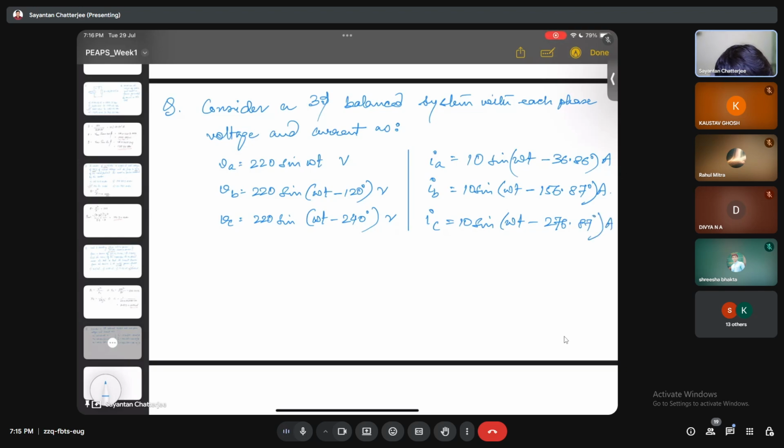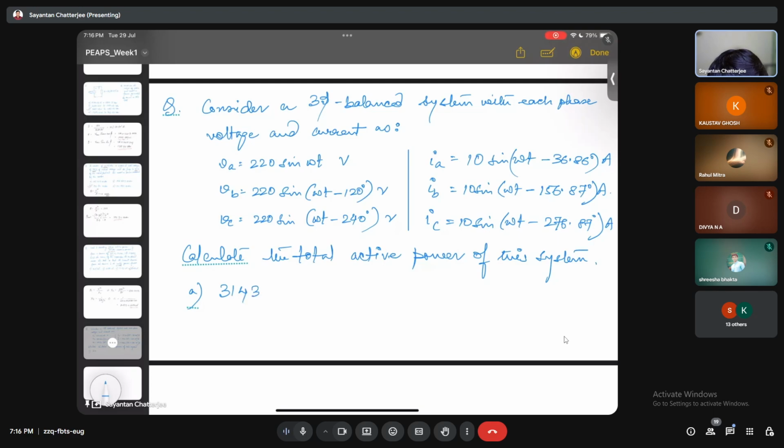So calculate the total active power of this system. This is the question. Please try to solve. I am writing the possible options.